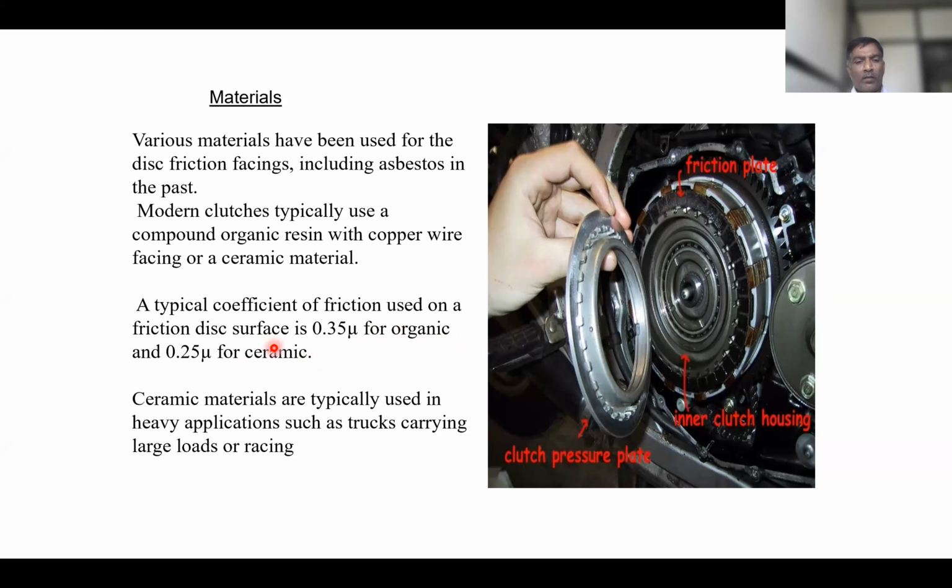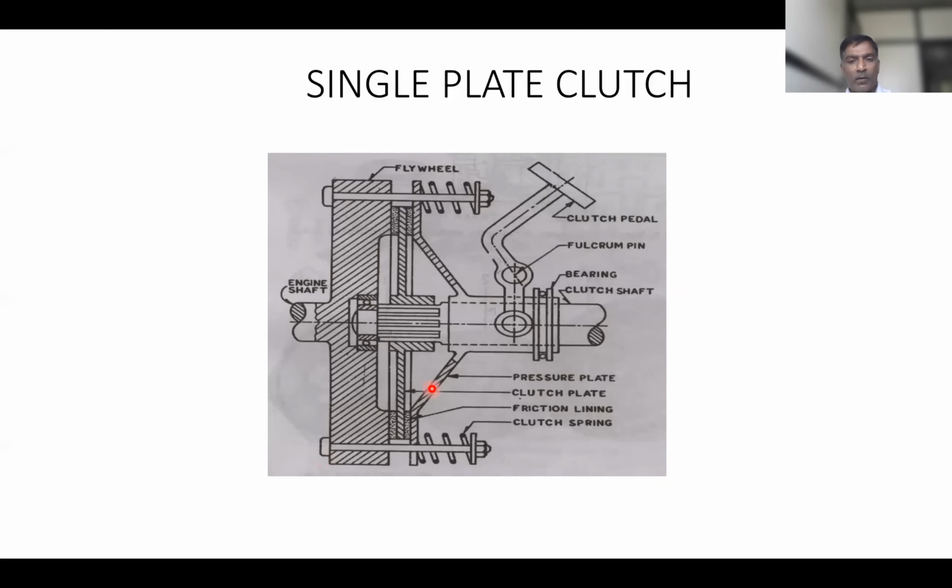So 0.35 is the value of the coefficient of friction. There is one more application for ceramic material. Ceramic materials are typically used in heavy applications such as trucks carrying large loads or some racing cars. Okay.